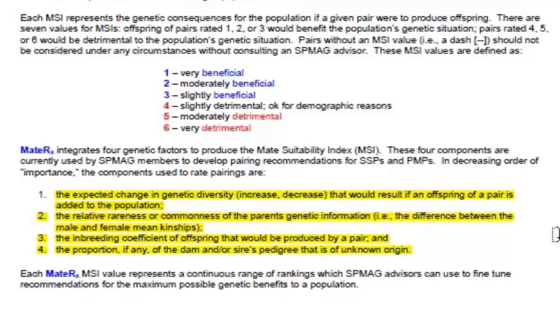The change in population genetic diversity associated with a given pairing, the difference in the male and female's mean kinship, the inbreeding coefficient of the offspring produced, and the amount of unknown ancestry in the pair. MateRX is designed to simplify the decisions about which pairs should breed by condensing all that we know about the genetics of a pair into a single number.